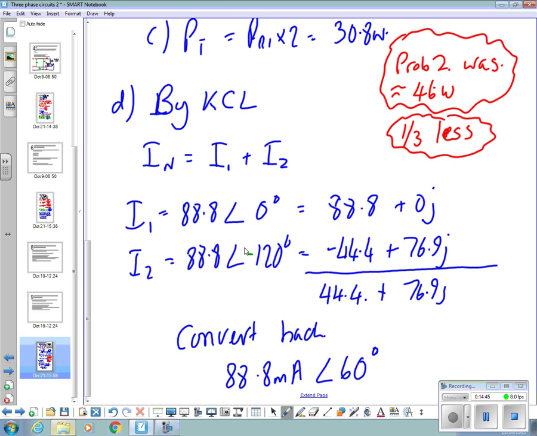So therefore we get an opposite, we get an angle over in the other quadrant. Yep. So the angle will be different, but the magnitude will be the same. And that would be the case even if we drop the red, we'd have 88 positive 120 degrees and 88 negative 120 degrees. These two will both be minus 44.4. Yeah.